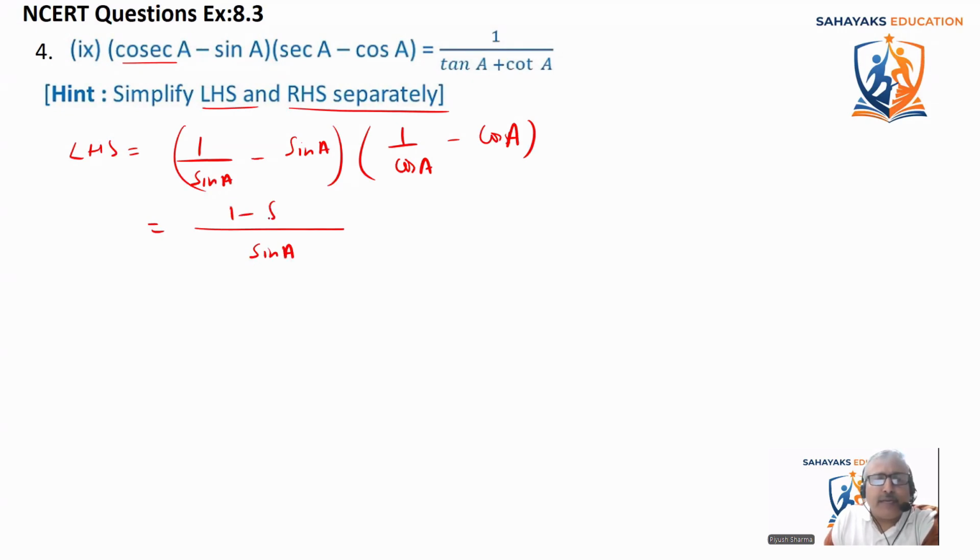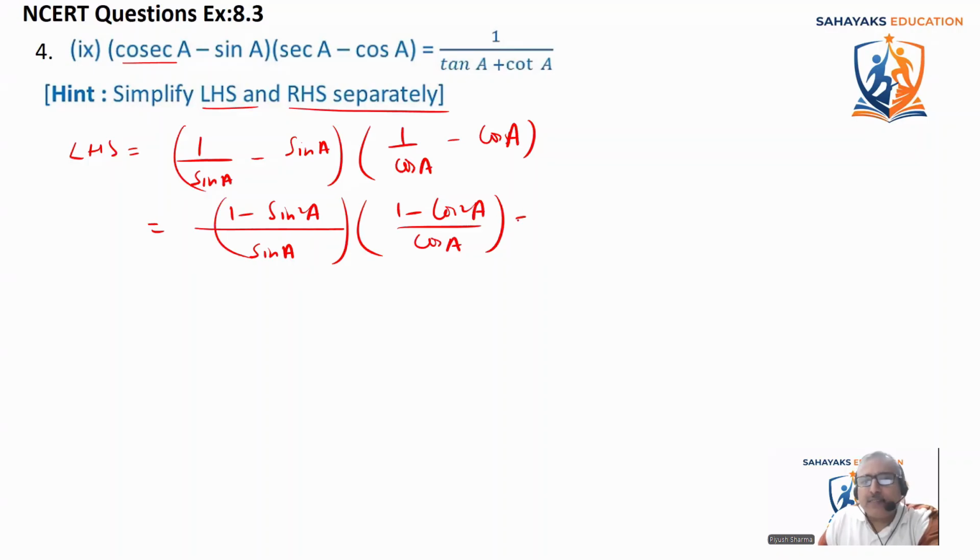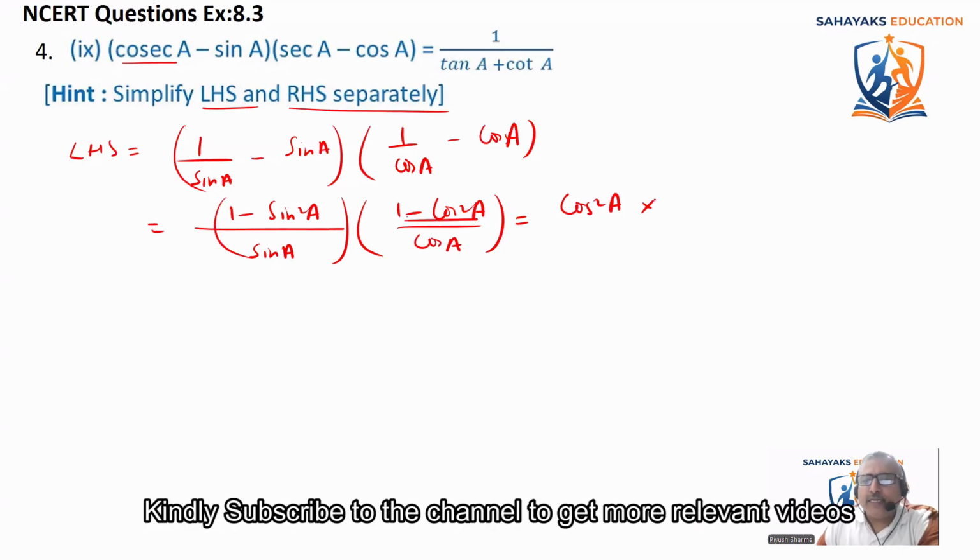It becomes 1 minus sine square A by sine A, and it becomes 1 minus cos square A by cos A. So 1 minus sine square A is cos square A. So I can write it as cos square A multiplied by, 1 minus cos square A is sine square A, divided by sine A cos A. So I can cut sine A with sine A, cos A with cos A. So the answer will be sine A cos A.